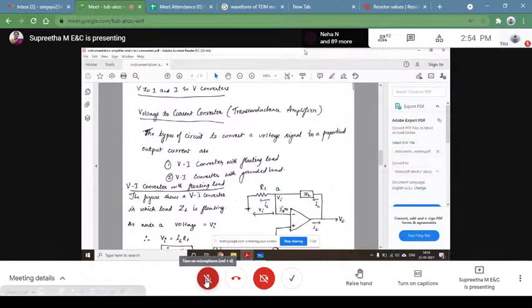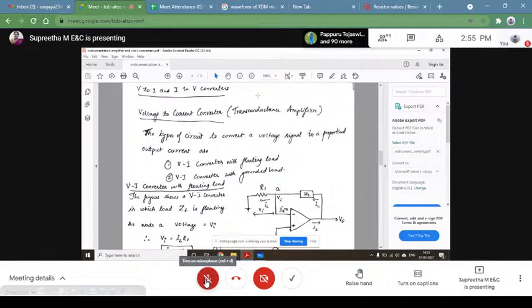The other way around, it is easy for you to transmit the voltage signals from the transducer devices than the current signals. So we go for using your voltage to current converters. This can be used in your instrumentation amplifiers also, where you require a voltage to current conversion.